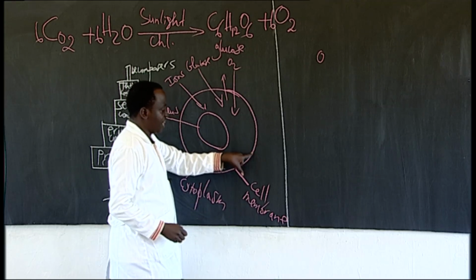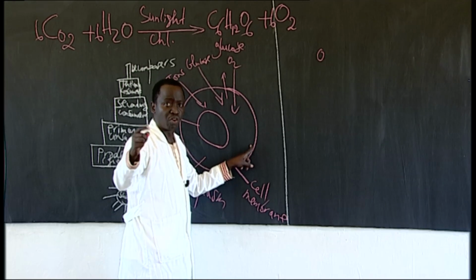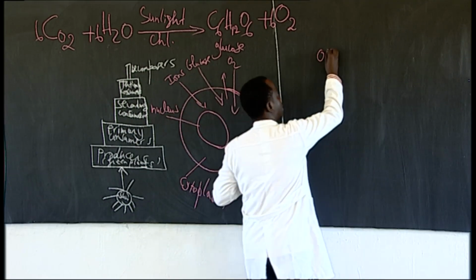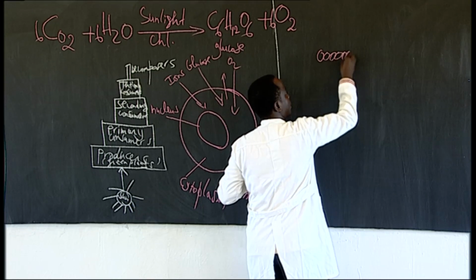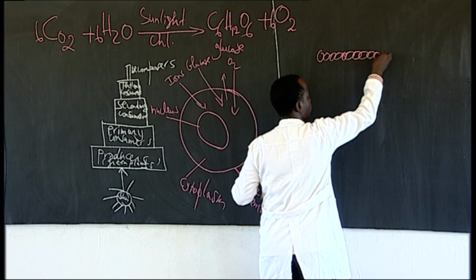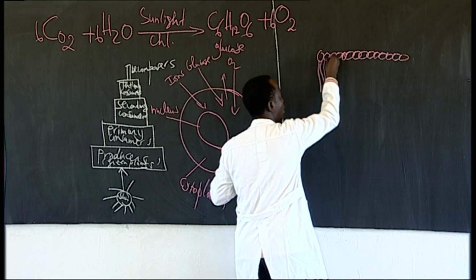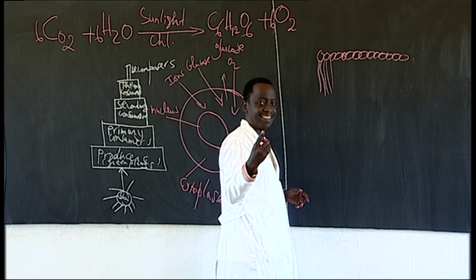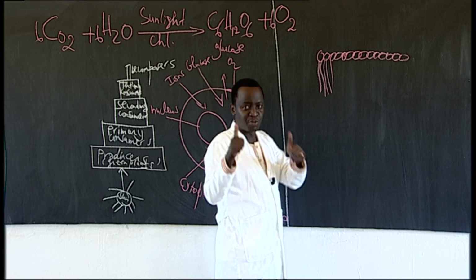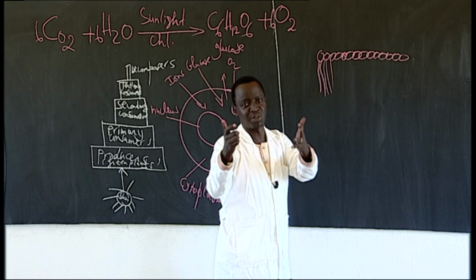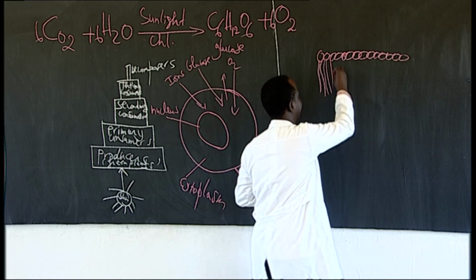So now, this membrane contains what you call proteins. This is the structure, the real structure of this cell membrane. Do you remember this structure? Oh, nice. Who can remember this? You can do it like this. Oh, I see. You still remember. Nice.